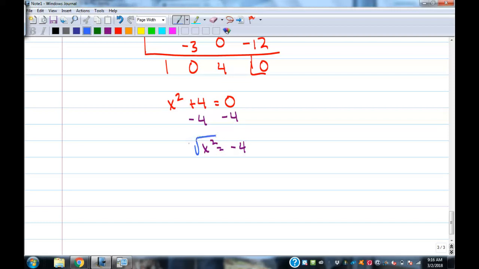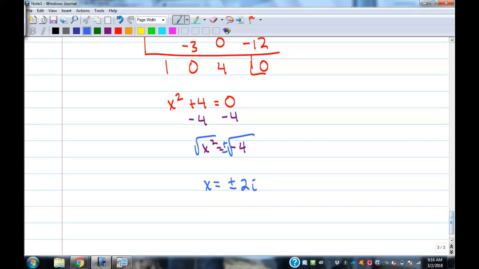Square root, right? Plus or minus on the side with a number. And what's the square root of -4? Yeah, plus or minus 2i. So what kind of solutions are those? Complex. Imaginary or complex? Well, complex is what we're going to call them. This one is strictly imaginary because it doesn't have a real part to it.